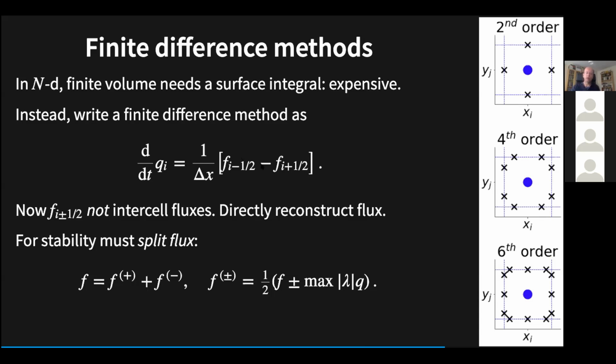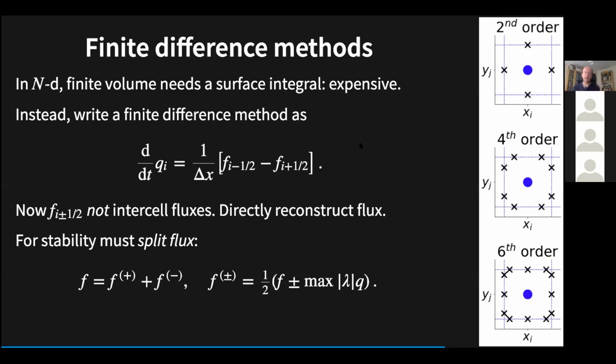So the formula that I've written here is our one-dimensional update scheme. We're computing the update via the intercell flux. Now, this is only accurate in one dimension because we remember that the intercell flux really comes from a surface integral over the boundaries of our cell. In one dimension, that surface integral is exactly given by evaluating the fluxes at these points.